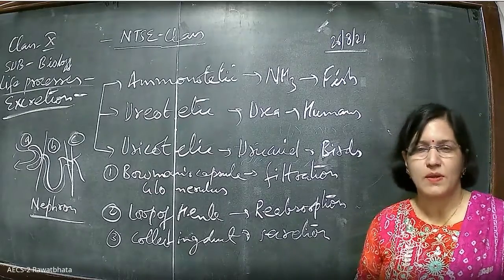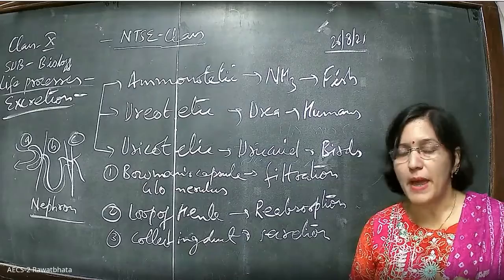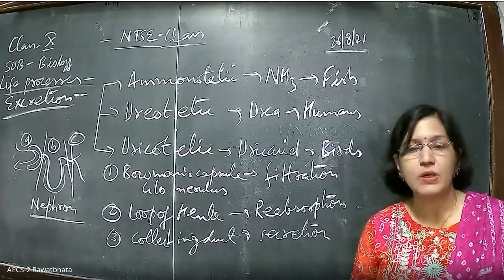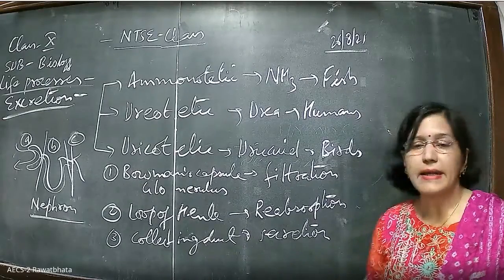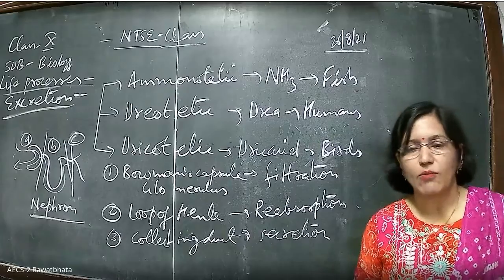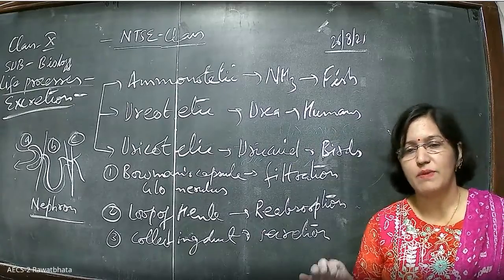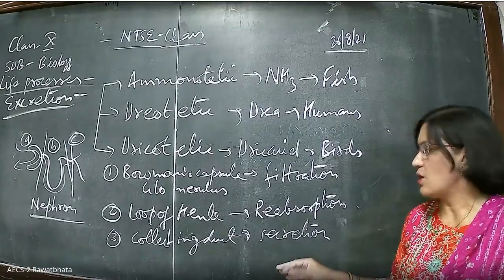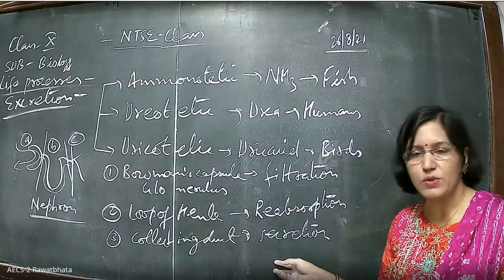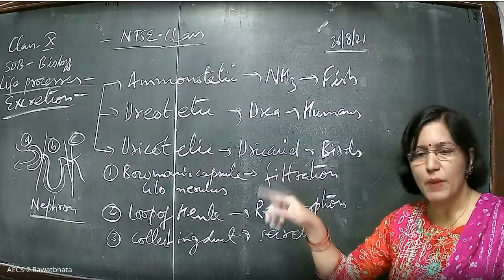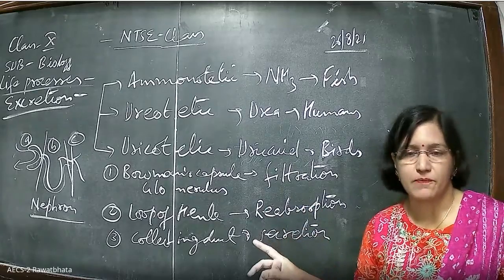A little amount of urea is also reabsorbed to maintain the pH balance of the blood. Last, in the collecting duct, some water and some ions are secreted, and that actually makes the urine. Once it comes out from the collecting duct, we call it urine. Until that time, as it keeps passing through the system, we call it filtrate.